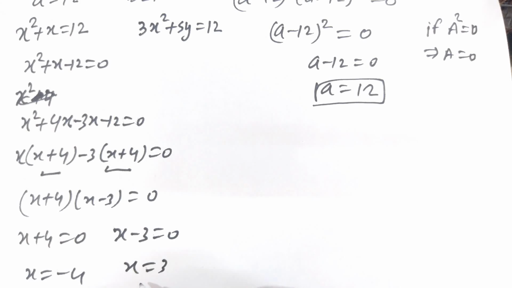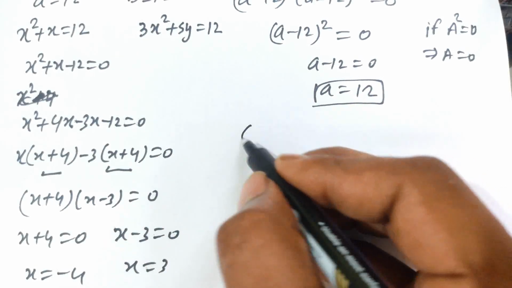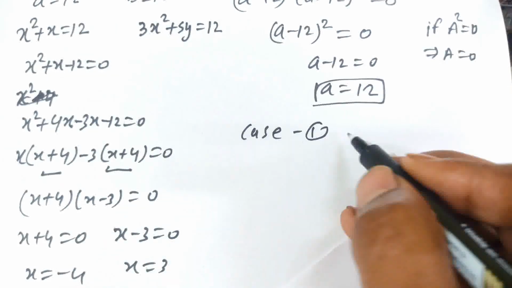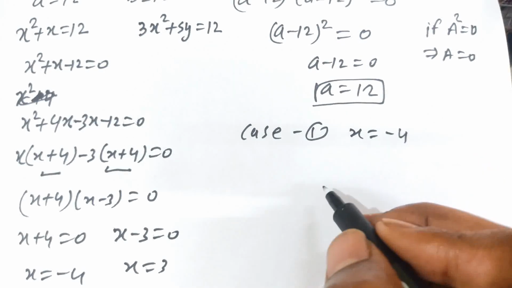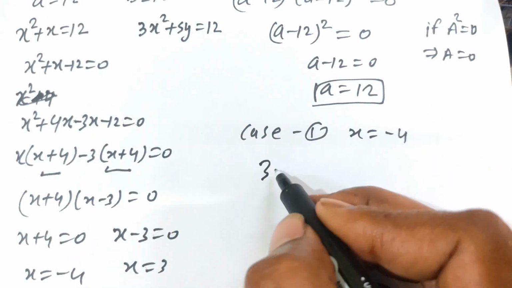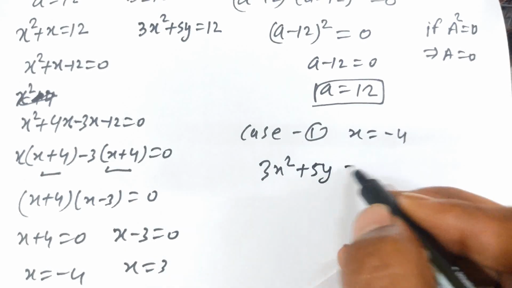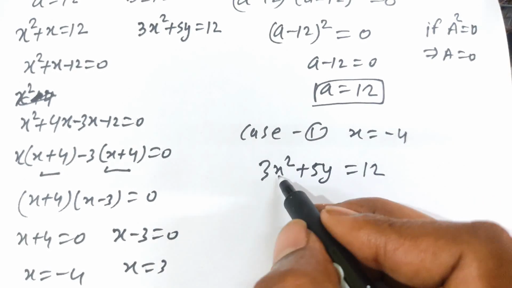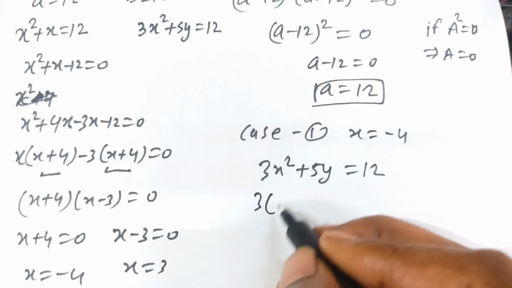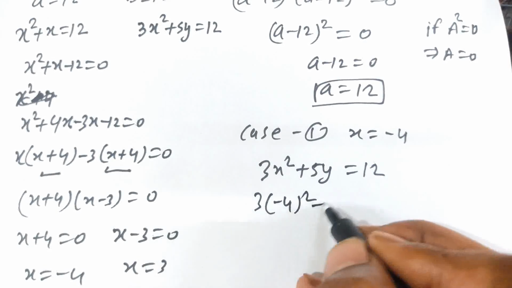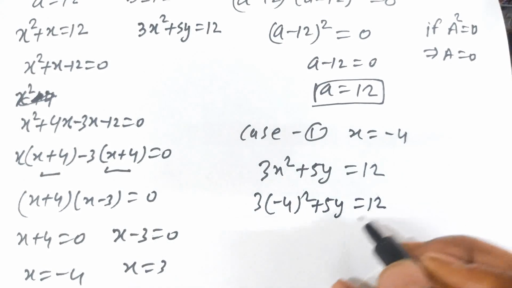Here two possible values of x. So case first, x is equals to minus 4, and here 3 times x square plus 5 times y, this is equals to 12. Here x is replaced by minus 4, then 3 times minus 4 square plus 5 times y, this is equals to 12.